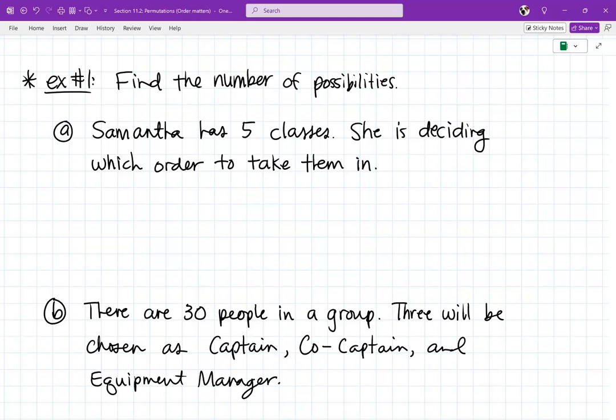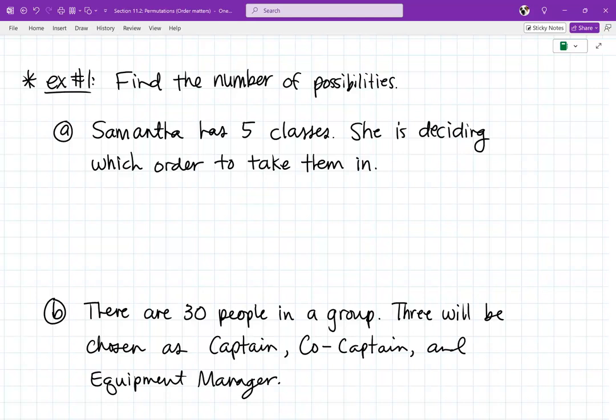Math to me is an important subject, so it matters to me. I don't care when I take English. It could be at the end of the day. So I can organize my classes based on what I would like. To me, order does matter here. For some people, it may not. But since we are using permutations, they're assuming order is going to matter to the person.